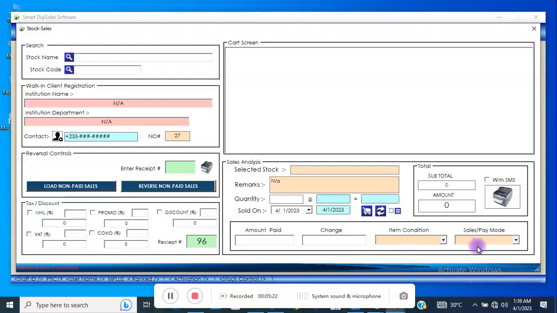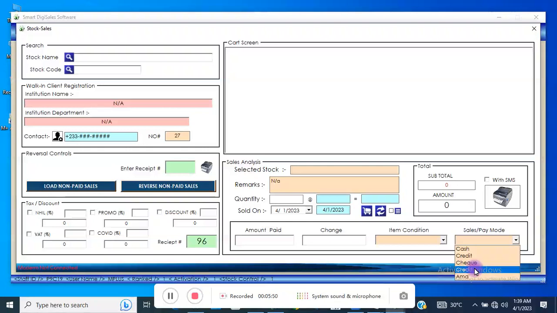When you are selling and you come to purchase mode, please remember yours should not be just credit, because we have two types of credit. You should input the credit system you are going to use here. If you are going to use the direct credit system, please input direct credit. If you know you are going to use the indirect credit, input indirect.